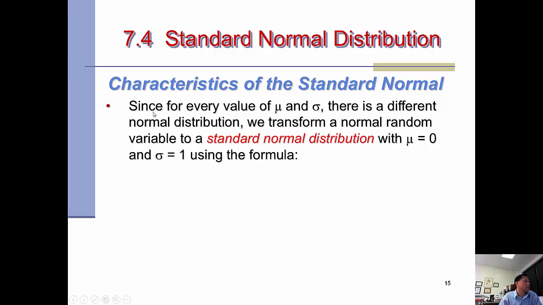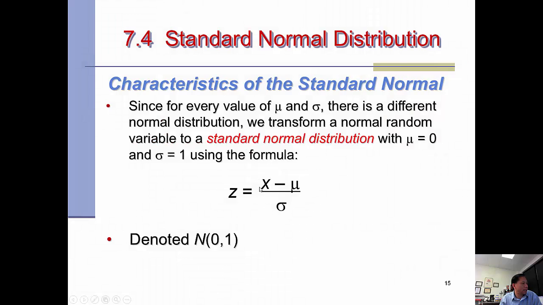Since every value of mu and sigma gives a different normal distribution, we transform a normal random variable to a standard normal variable. For the standardized normal distribution, mu will be 0 and sigma will be 1. And how to do that? We use the Z transformation. The Z score is defined as x minus mu divided by sigma.